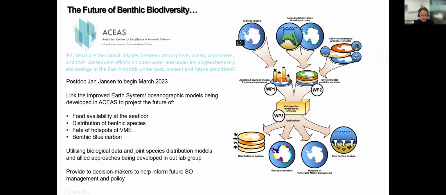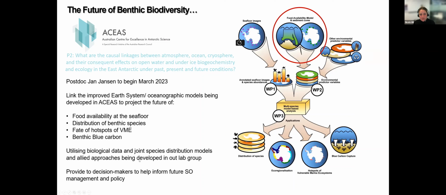And obviously the end goal is to provide this information to policymakers to help them inform what they should do now and into the future for the Southern Ocean. And the postdoc on this, Jan Janssen, is expected to begin March next year.